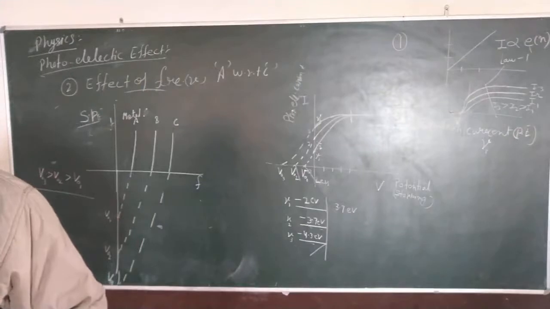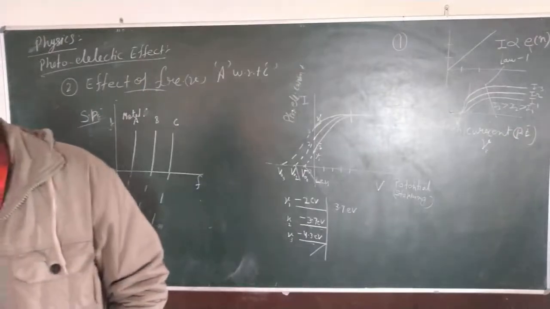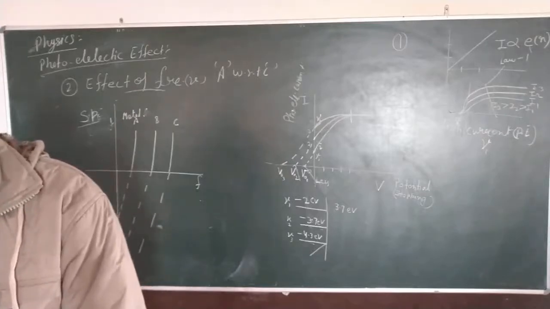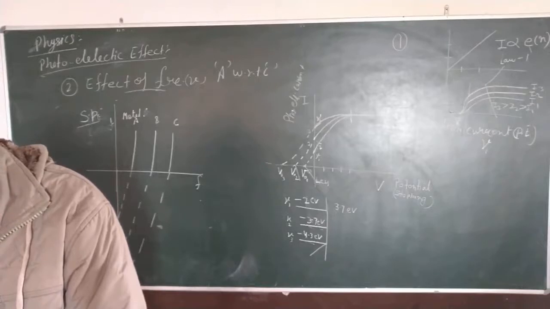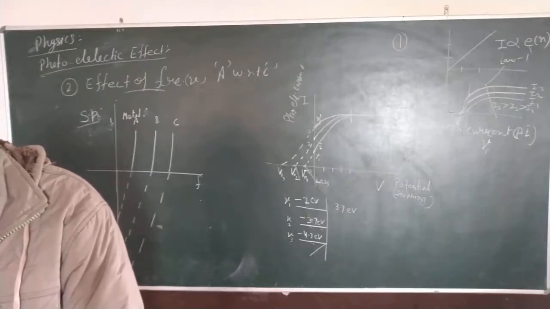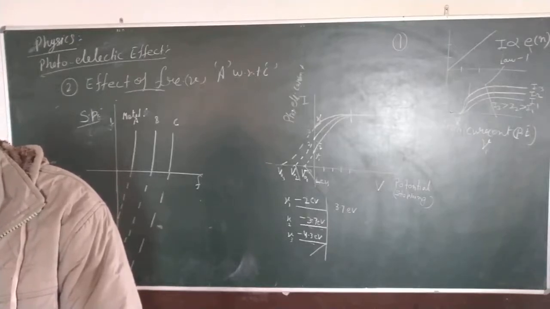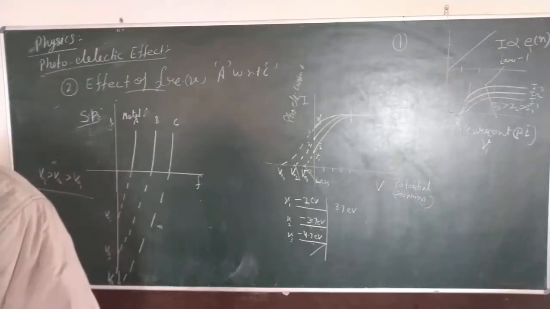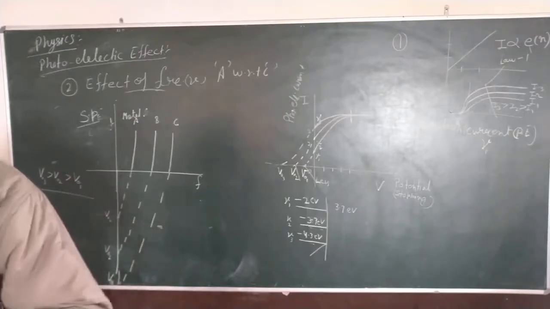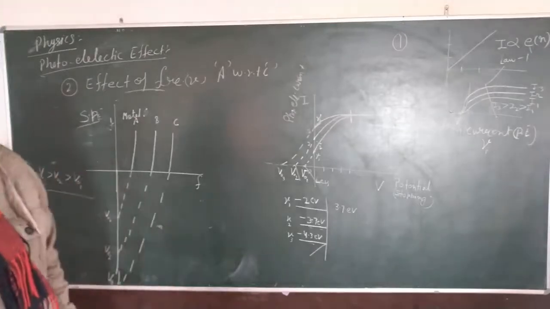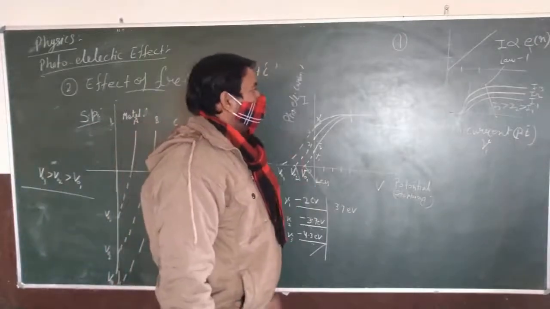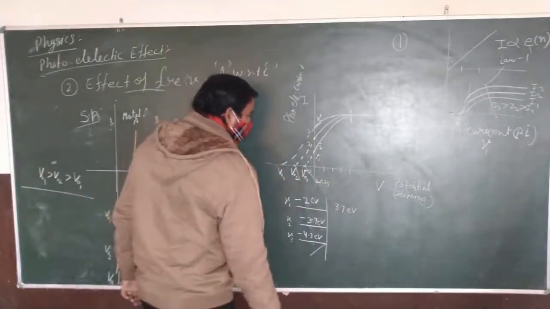The second law is, for a given metal there exists a certain minimum frequency of incident radiation below which no electron is emitted from the surface.